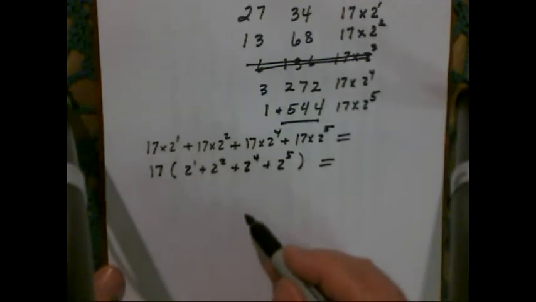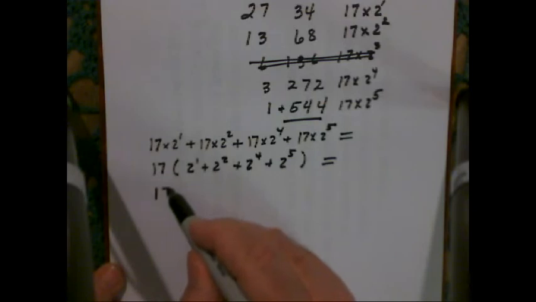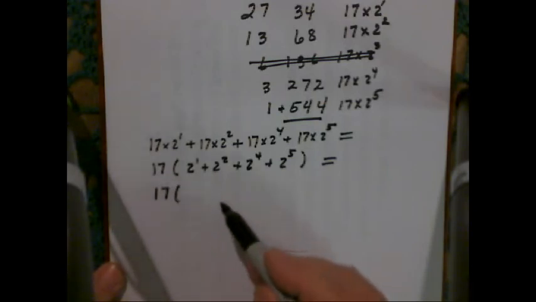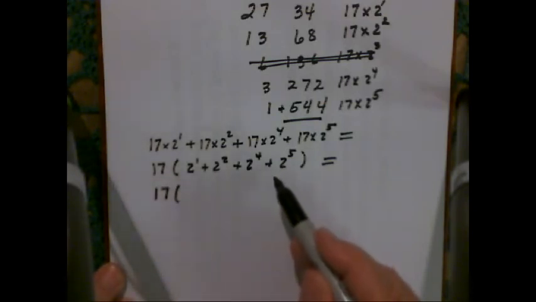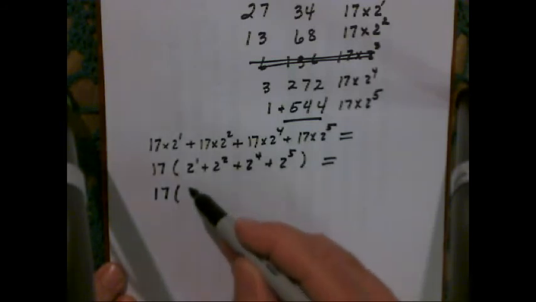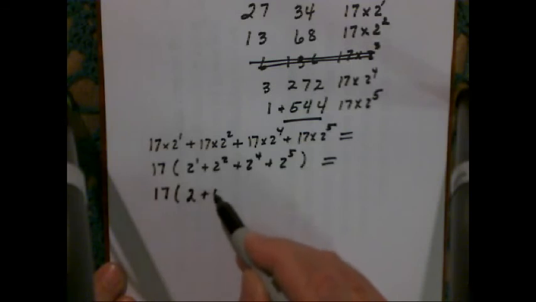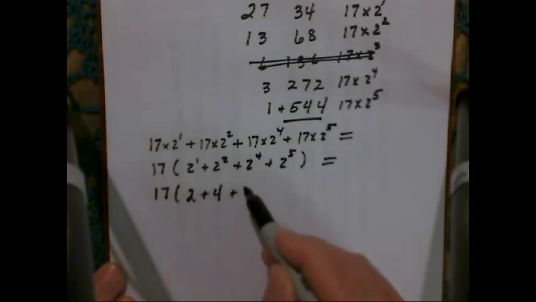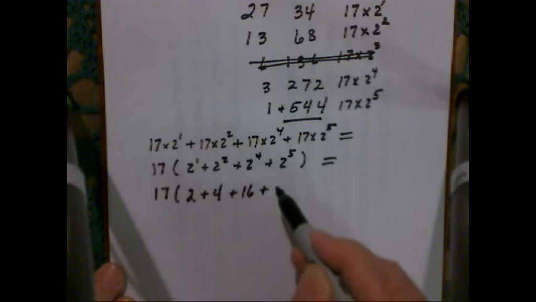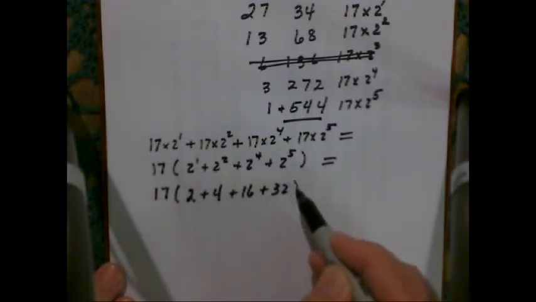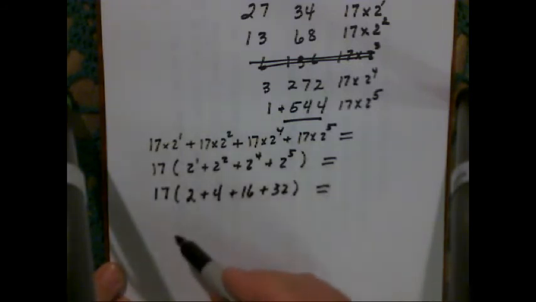And that's equal to, I'm going to convert, just for our ease of recognition, these numbers not to their exponential format, but to their integer format. So 2 to the 1 is 2, and 2 to the 2 is 4, and 2 to the 4 is 16, and 2 to the 5th is 32. Now what do I have?